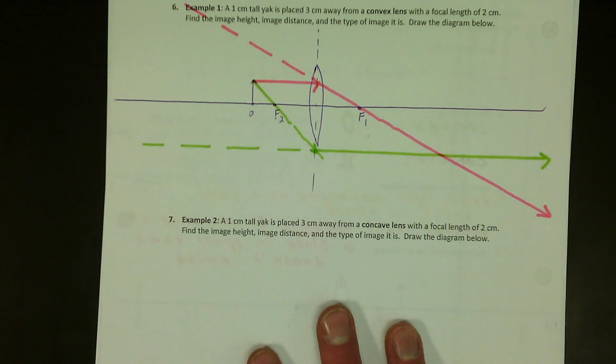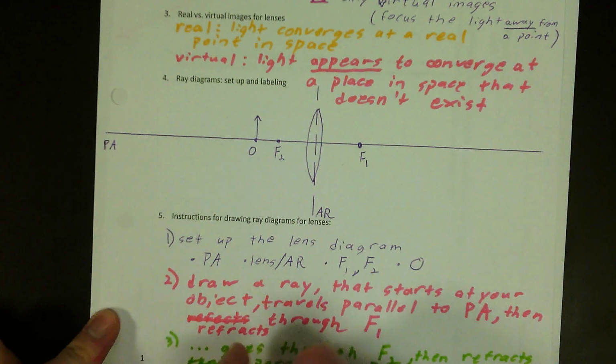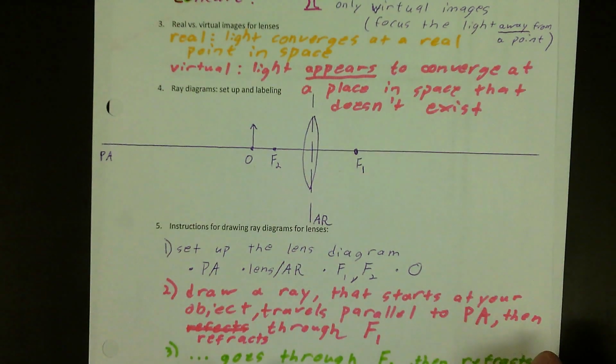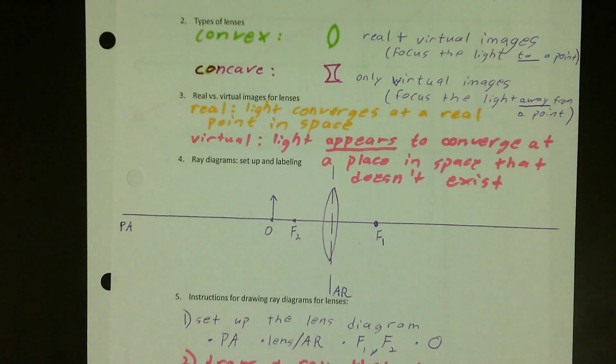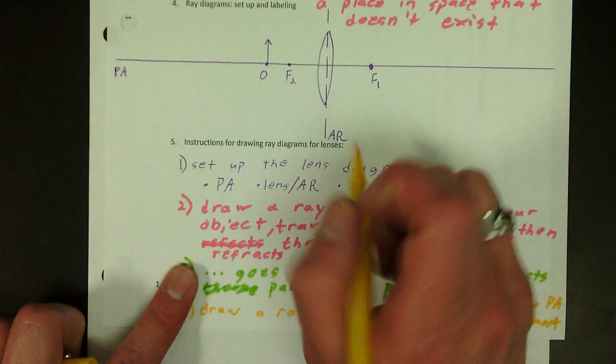Okay. Last one. Draw a ray through the center. And by the way, the center is where the PA, so the principal axis, and the axis of refraction meet. But I think most of you can figure out what the center is. The center's here.